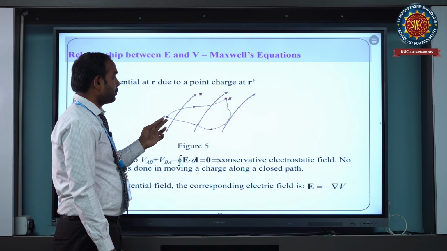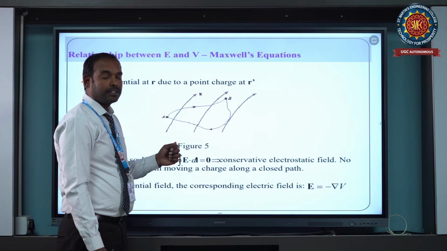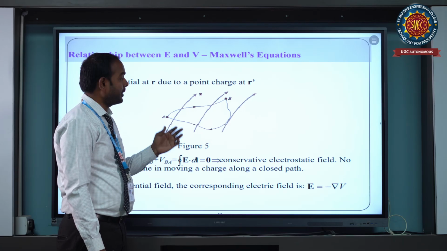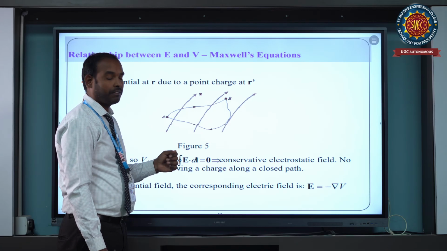So each point on a path has the same potential. It forms an equipotential surface in the field.